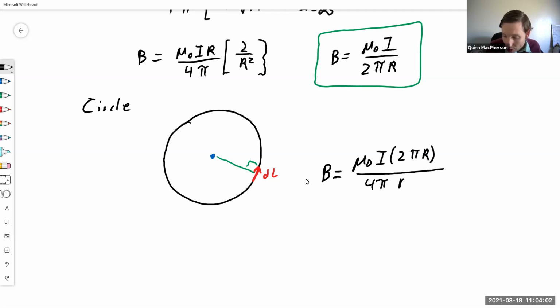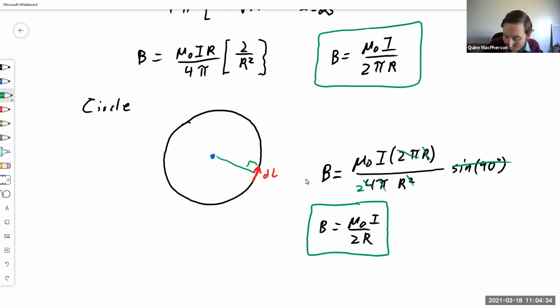And then the distance is always R, so it's R squared, times sine of 90 degrees, which happens to be 1. So we can simplify that. The 2 pi cancels with the 4 pi, making that a 2. One of the R's cancels, sine is 1. I get B is equal to mu naught I over 2R. So that is the magnetic field due to the circle.